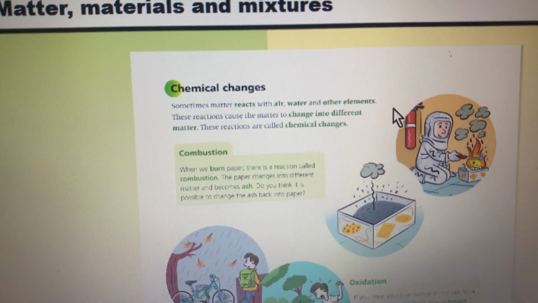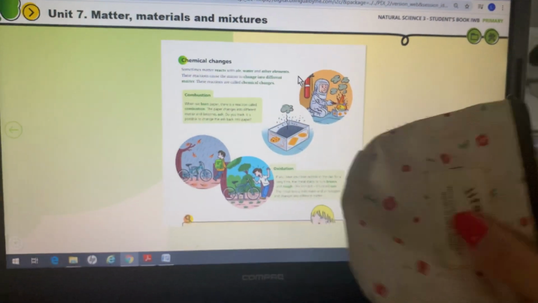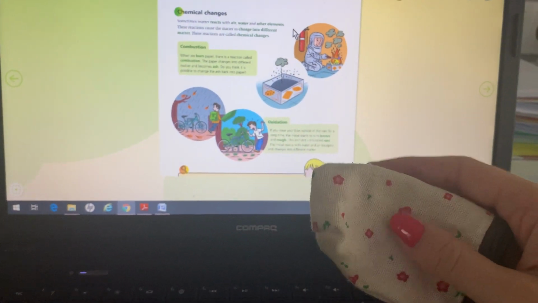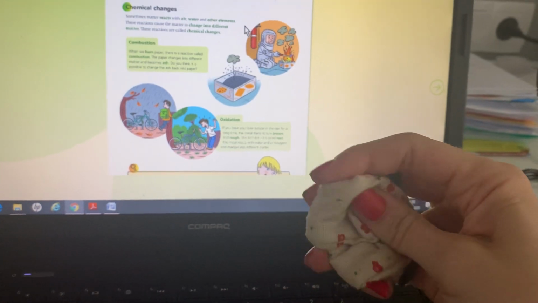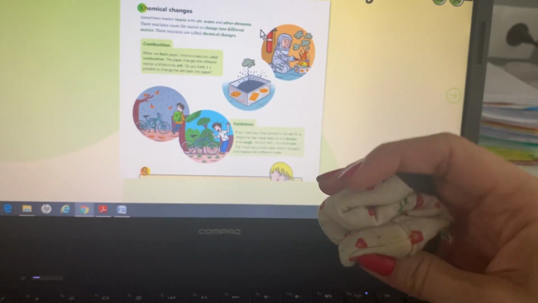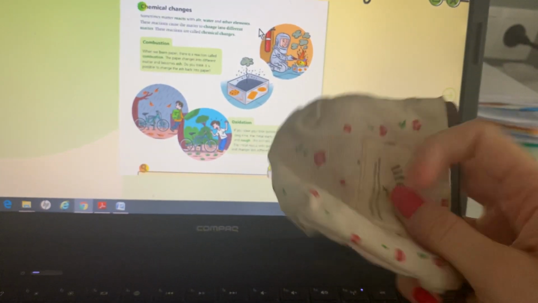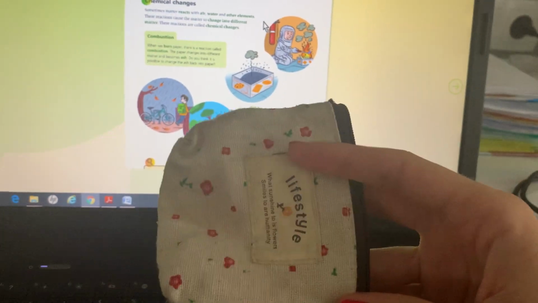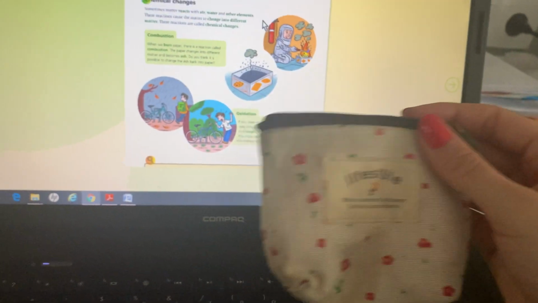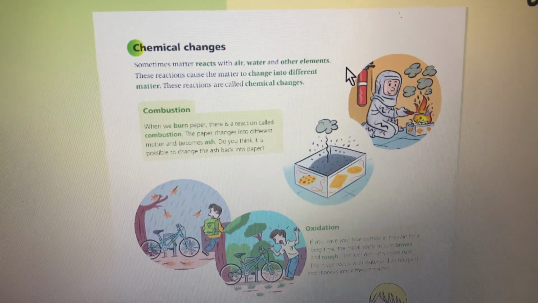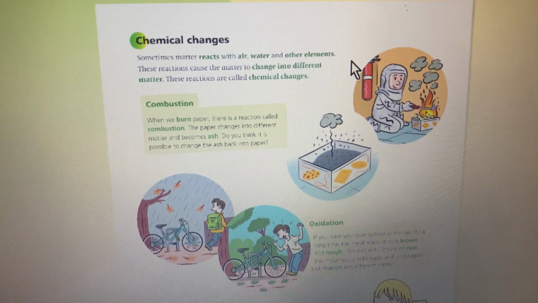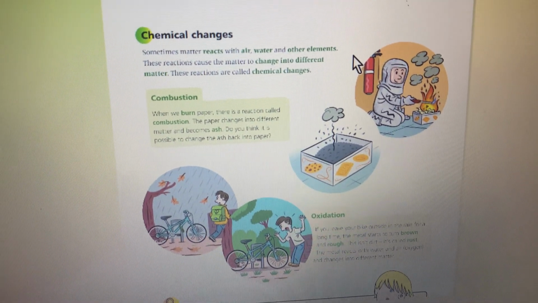Do you remember the example that I gave you of my purse? When I bend it, I'm changing the physical form, but it's the same matter, okay? It's not bigger, it's not smaller, it's the same purse. But in chemical changes, it says that it can change this matter into a different matter.